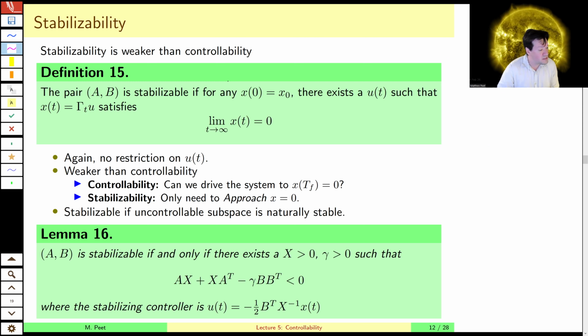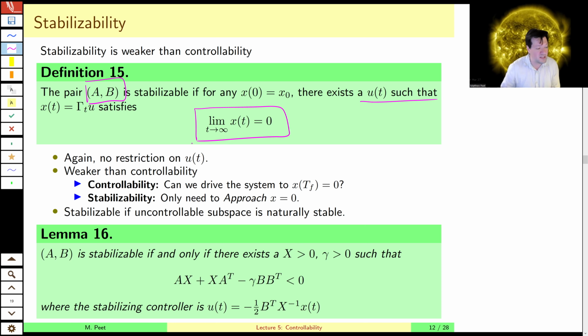The second item that we want to discuss today, in this subpart, is stabilizability, and this is a little bit off topic. Stabilizability is a little bit weaker than controllability. Basically, it says that a pair, a system, is stabilizable if for any initial condition there exists an input which will get you to 0.